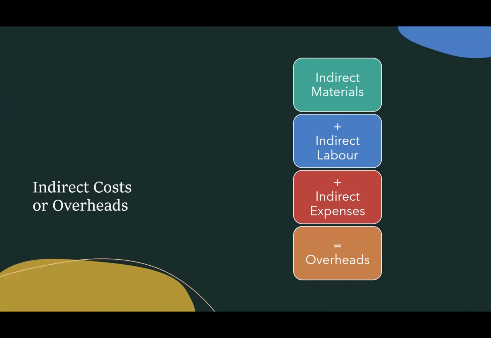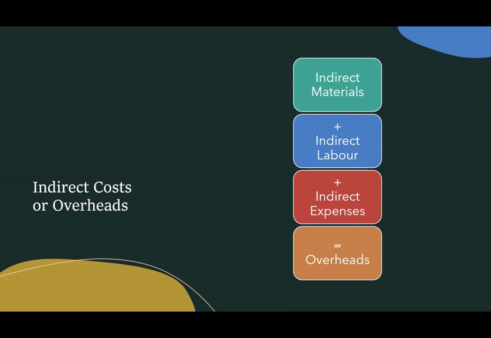Now, the cleaning material, which I gave you as an example, would be considered your indirect material because that's not directly involved in making the cake, but still it is a material. You use it so that your bakery is clean, and hence we consider it your indirect material.